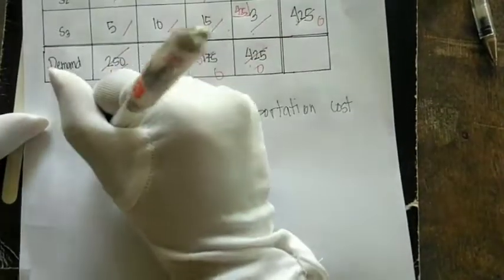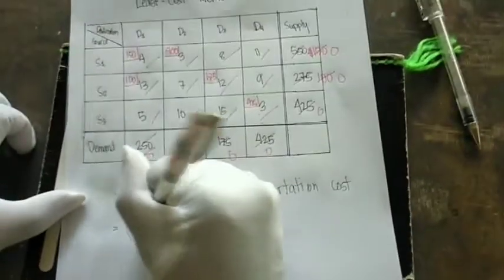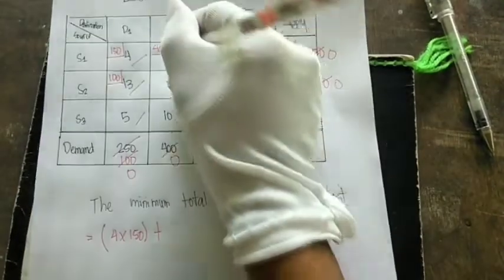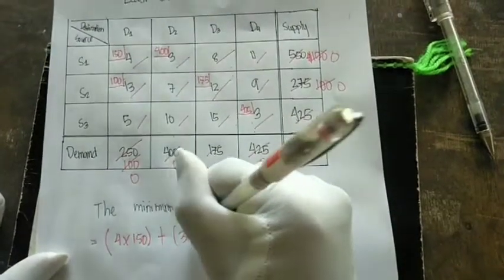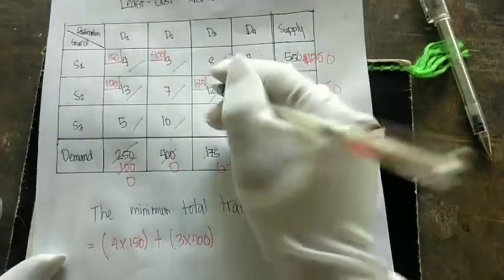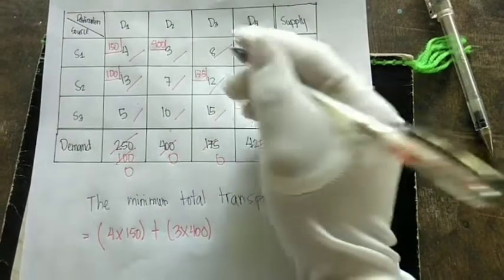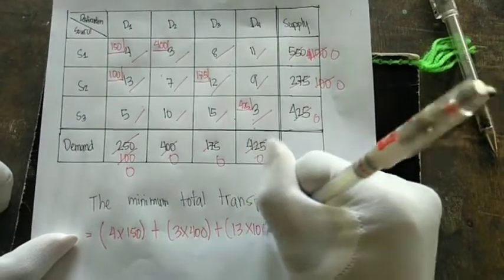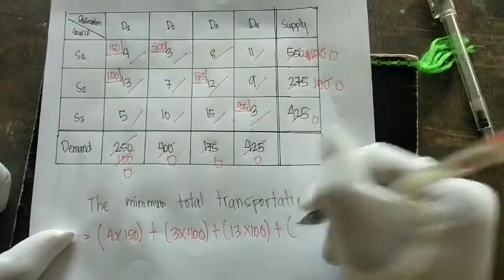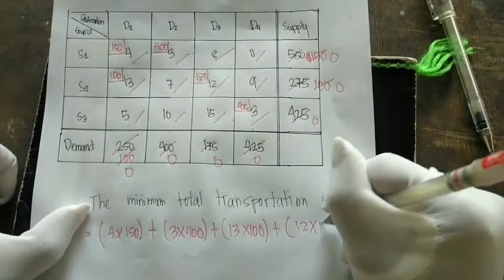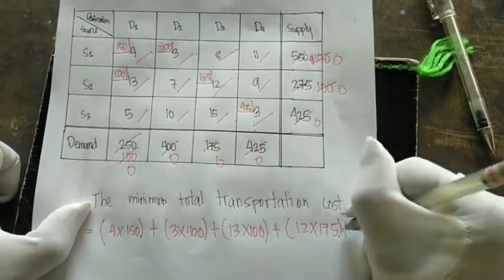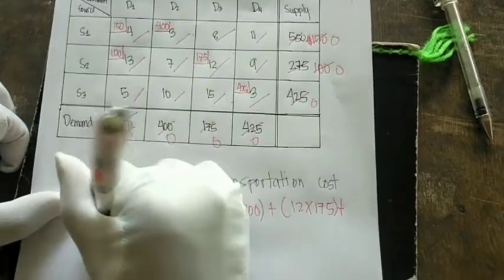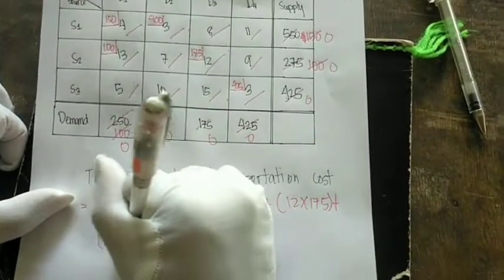so copy this. So 4 times 150 plus 3 times 400 plus 13 times 100 plus 12 times 175 plus, and the last one, 3 times 425.